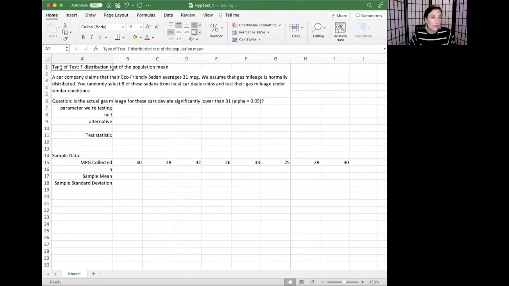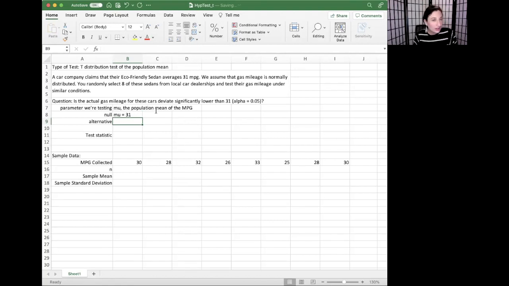Now, which direction is it? We'll talk about that in a second, right? But for now, the parameter we're testing is mu, the population mean of the miles per gallon, right? Our null hypothesis is that mu is equal to 31.